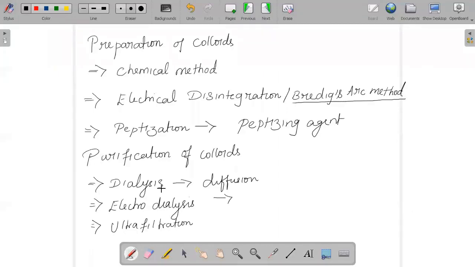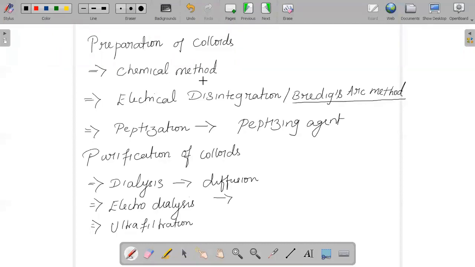But when we use an ultrafilter paper, which is prepared by soaking the filter paper in a colloidal solution, like collodion, hardening it with formaldehyde, and then drying it, the pores become too small. As this is a slow process, pressure or suction is applied to speed it up. The colloidal particles left on the ultrafilter paper are stirred with fresh dispersion medium to form a pure colloid. So this is the method used in order to purify.